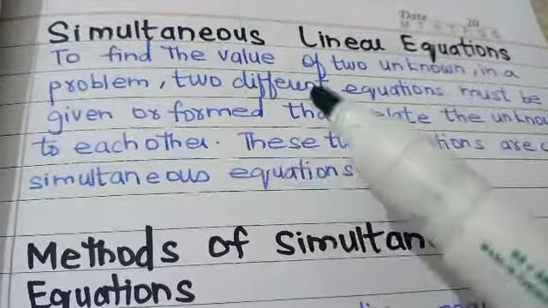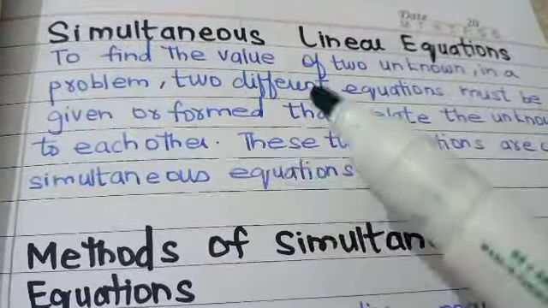Let's look at the example. Here 2x minus 5 is equals to x. With how many variables can you see? Only one variable. This is a linear equation, but it is not a simultaneous equation. Why? Because only one variable is given to you. Here x is also given to you, y is also given to you, so two variables are given.